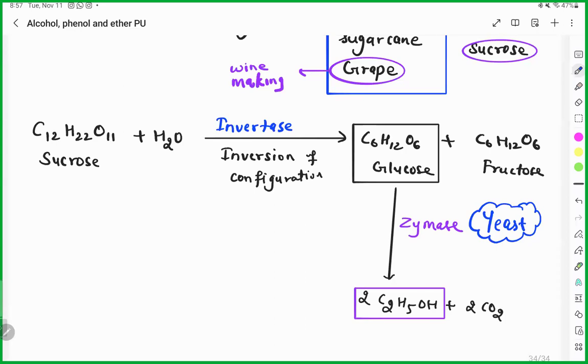When you crush the grapes, sugar will come out, and the zymase and invertase enzymes will come in contact with the sugar, and fermentation will start. Remember, fermentation means an anaerobic process.